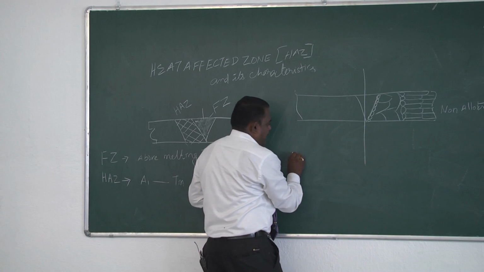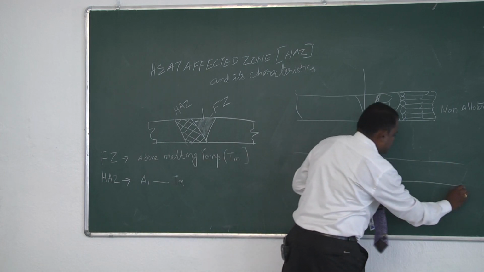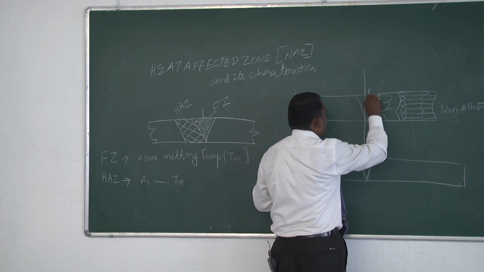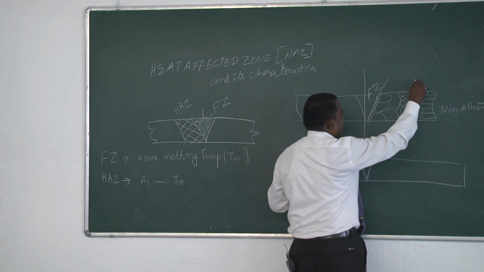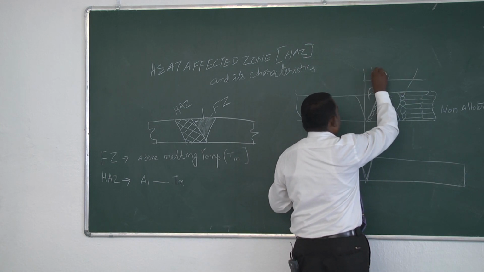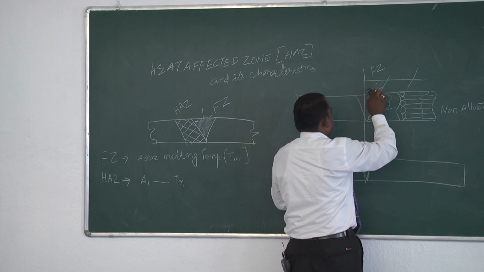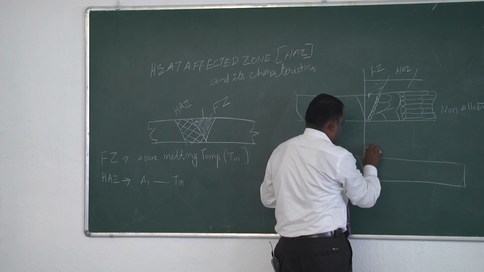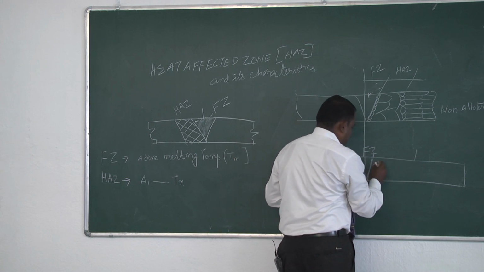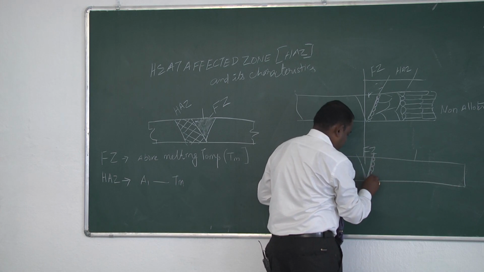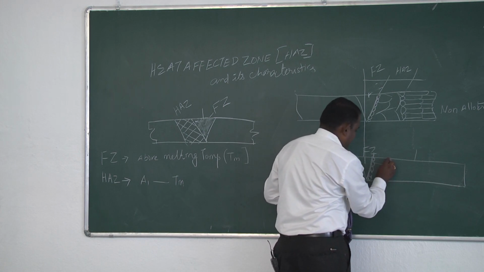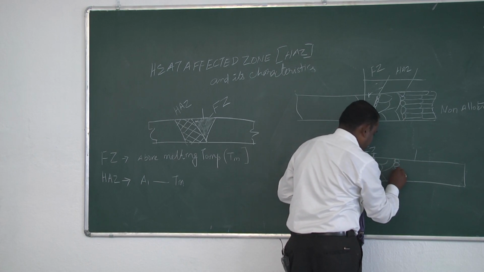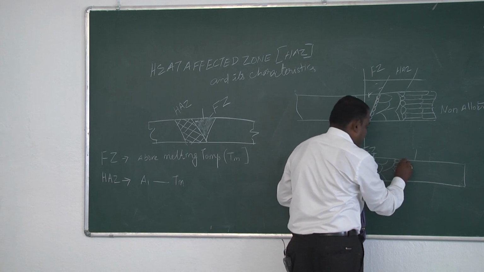And the other one which has allotropic transformation has temperature dependent microstructural changes. This is your fusion zone and this is your heat affected zone. In your heat affected zone you will have the underbead zone, that is very fine grain microstructure. Away from that you will have a coarse grain structure, and away from that very fine grain microstructure, and after that an equiaxed structure.